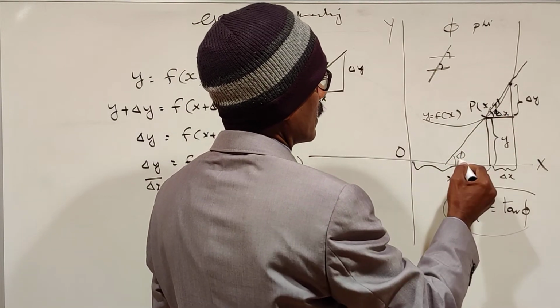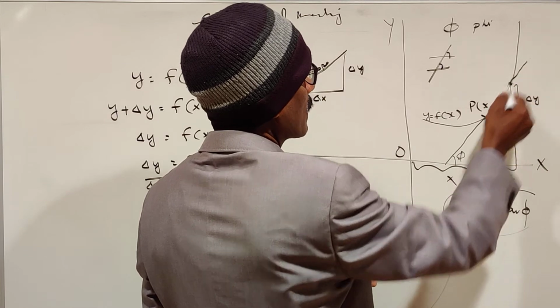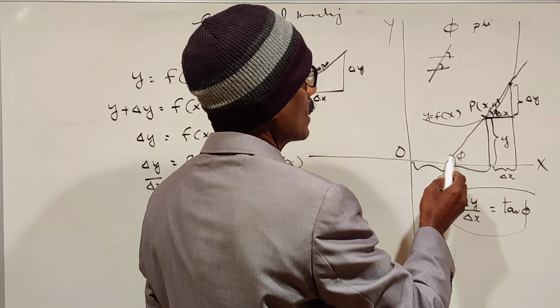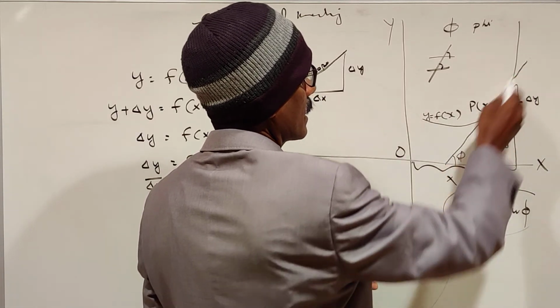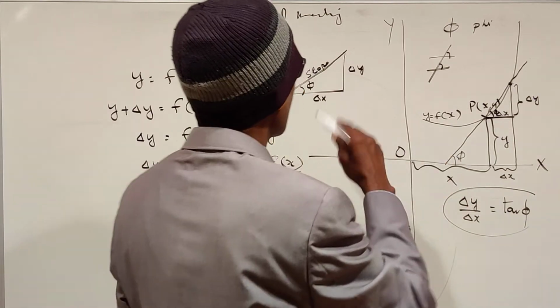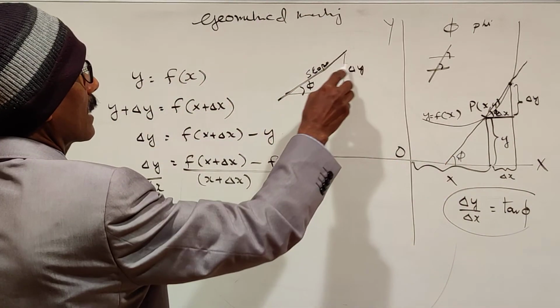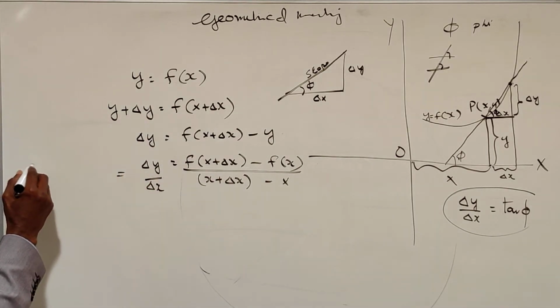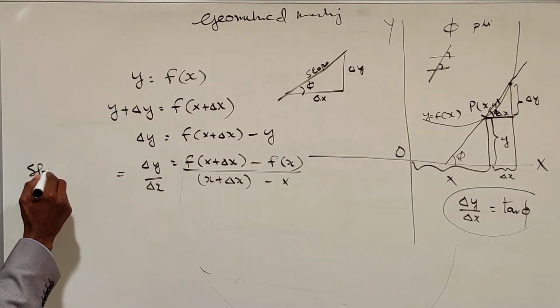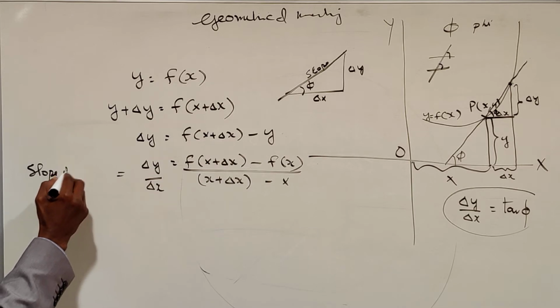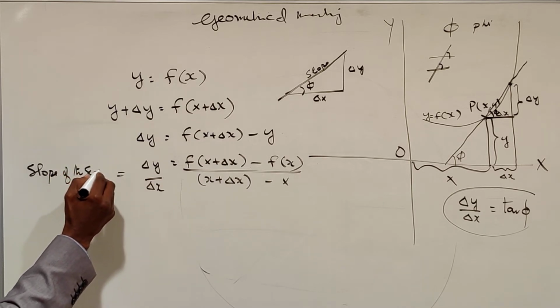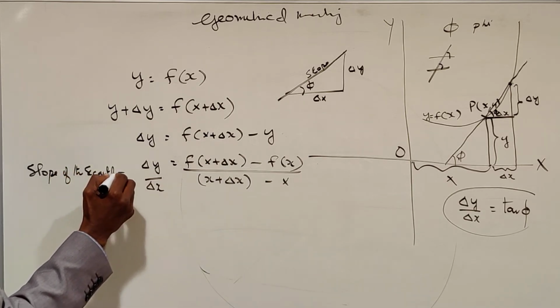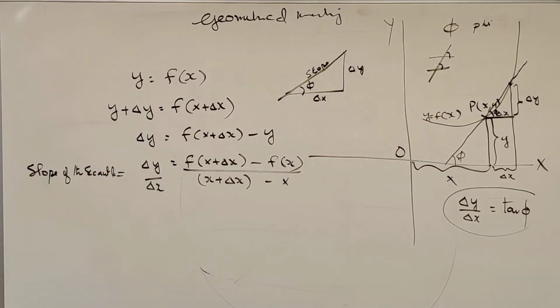So the slope of this line means the tangent of the angle of the secant line. The meaning of this is the slope of the secant line, that is delta y by delta x.